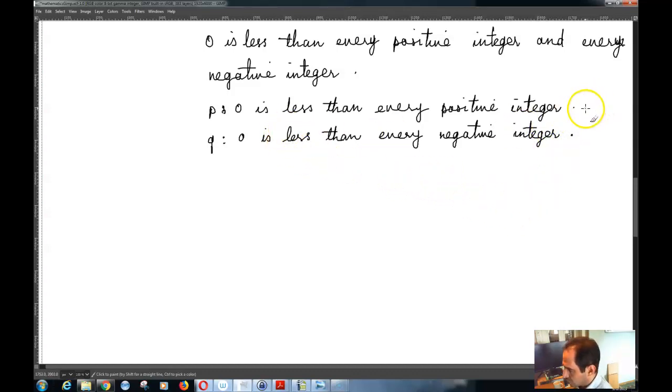Okay, so this is true, this is false, so this is false.